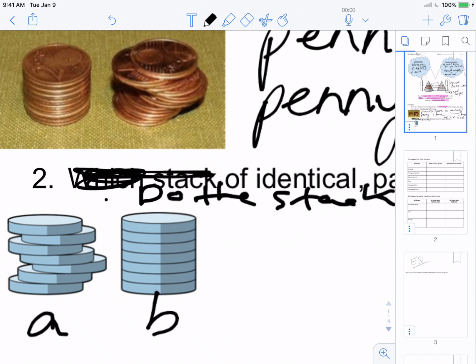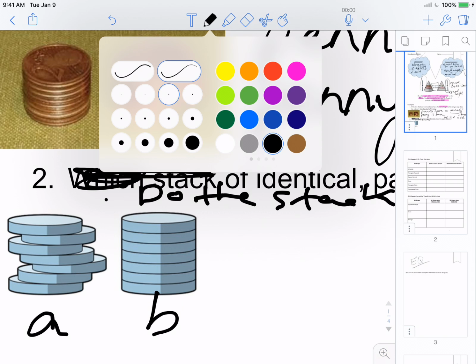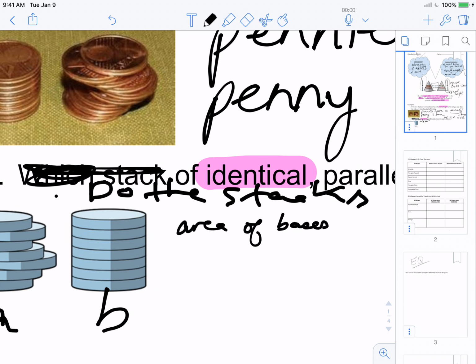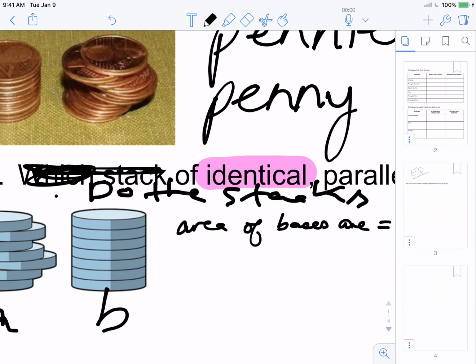So if I look at it, since they're identical, then area of base are equal.